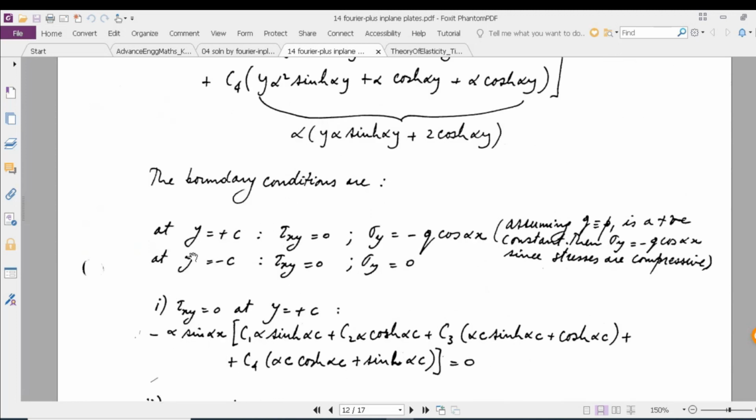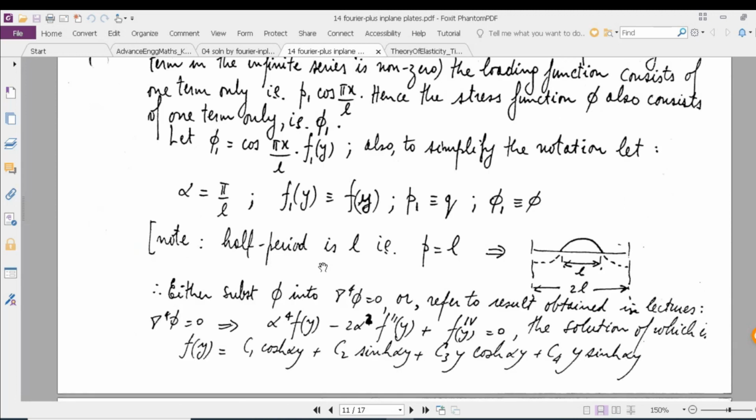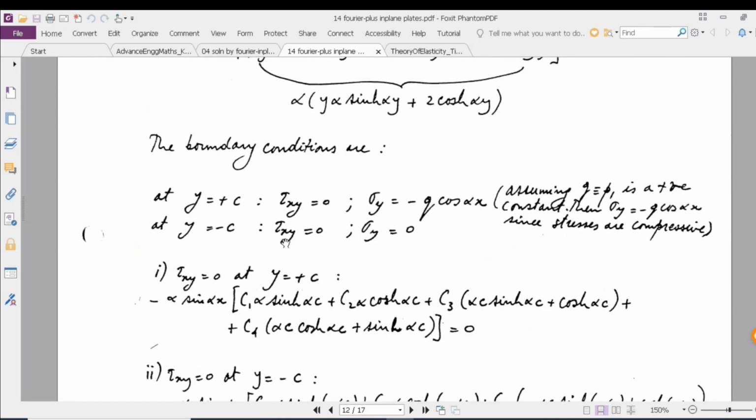After that, we can plug in the boundary conditions. The boundary conditions this time would be at y equal to plus c, tau xy equal to 0, and sigma y is equal to minus q times cos alpha x, where q is taken equal to P1. At y is equal to minus c, we can take tau xy equal to 0 and sigma y equal to 0.